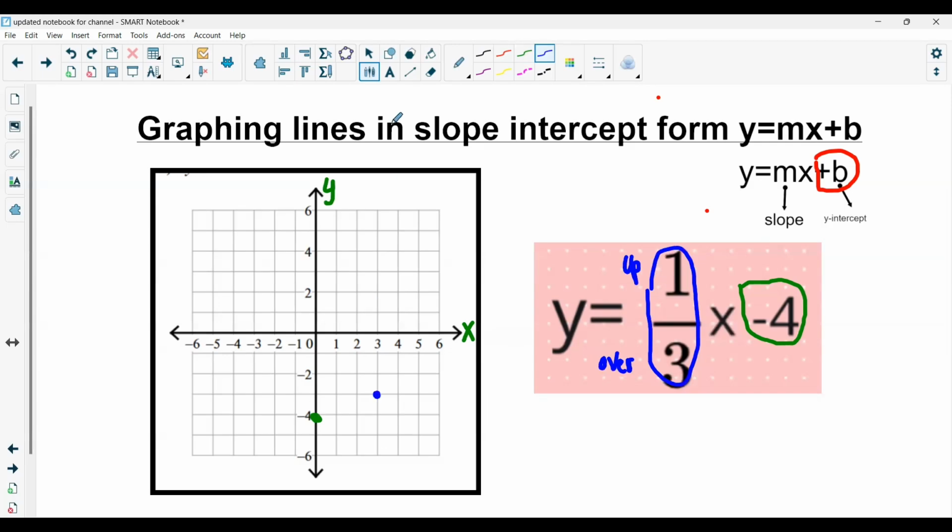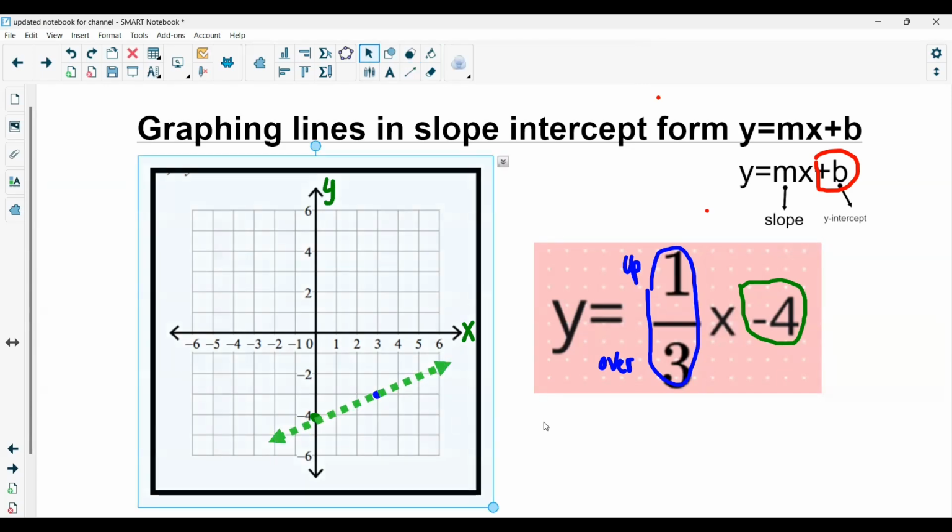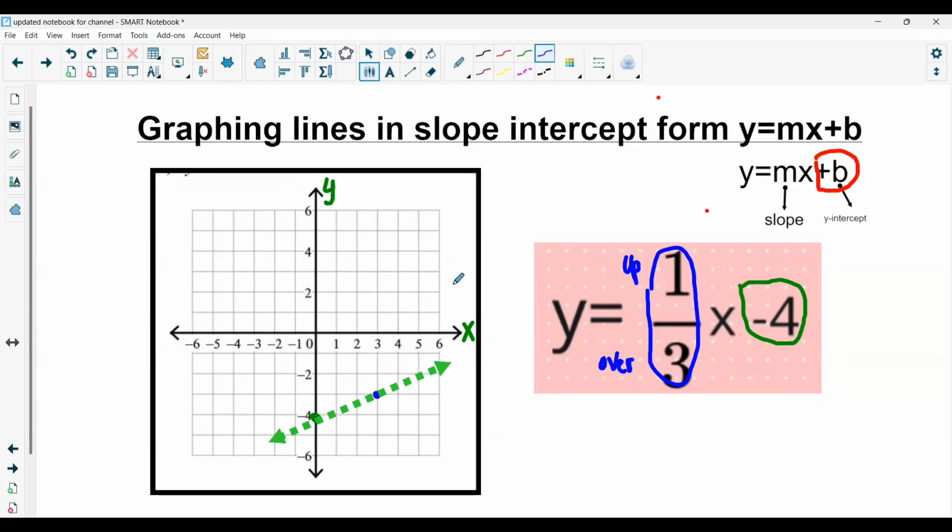And then we're just going to draw a line through it. We'll draw our line going right through there, just like that. So here we have our line. To check our work, all we have to do is say, my slope is positive here. If I draw my person here like this, is he walking up the hill?